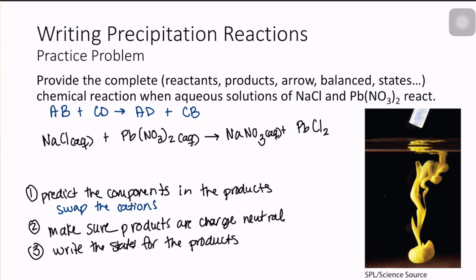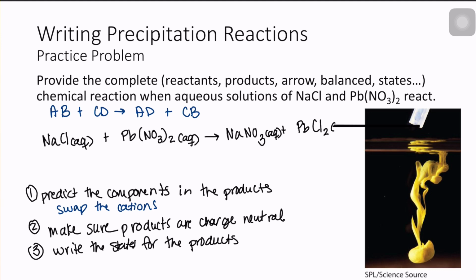If you look at your solubility rules, lead 2 chloride, chloride is a halogen, so it is in group 7. It is a halide, and most halides are soluble. However, one of the exceptions is lead.